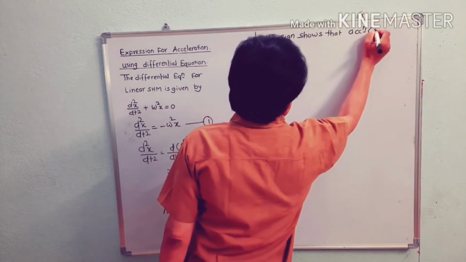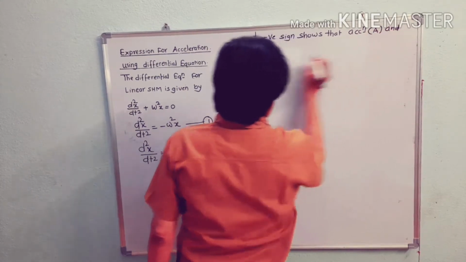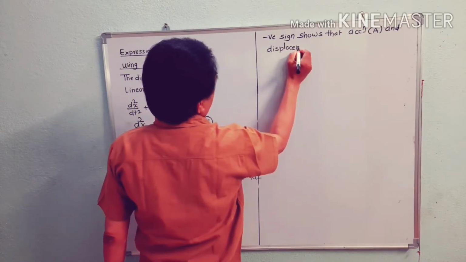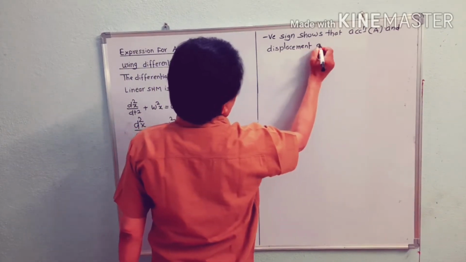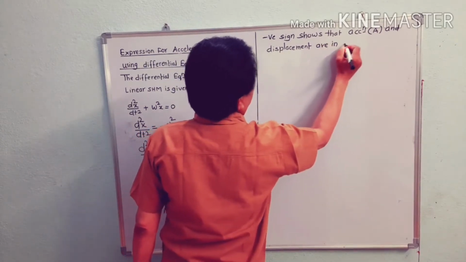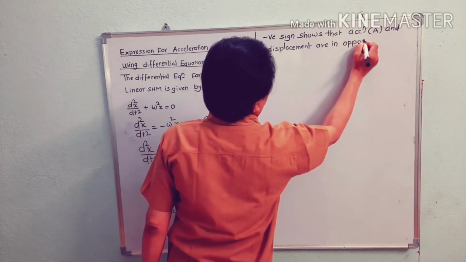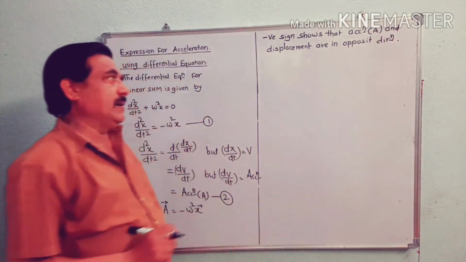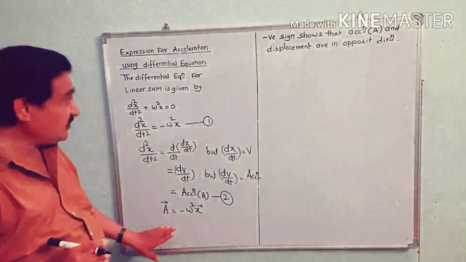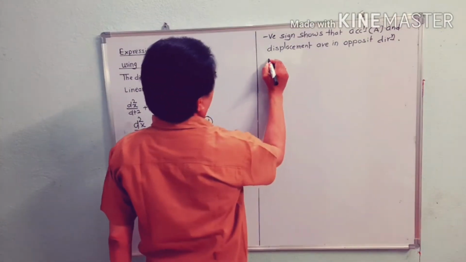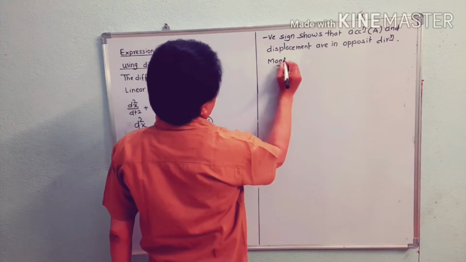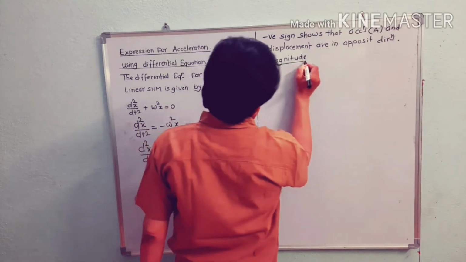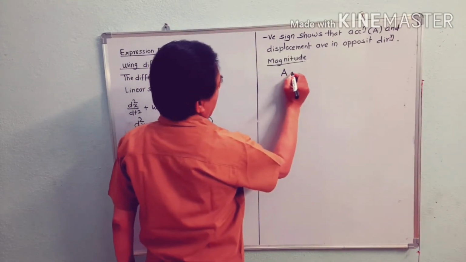And if we take the scalar form or magnitude of the equation, magnitude a is equal to omega square x.